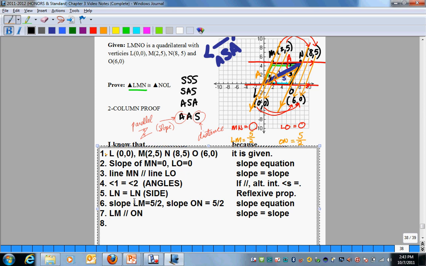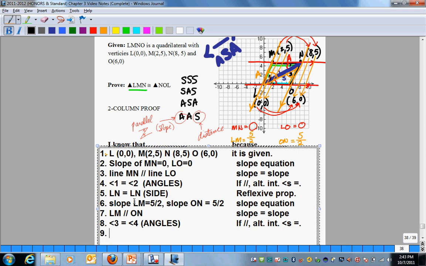Because I have equal slopes and they are parallel, I can now say those angles that I included, angle 3 is congruent to angle 4. That's a pair of congruent angles because if parallel, alternate interior angles are congruent. So we take a very close look here, it's angle side angle going on.